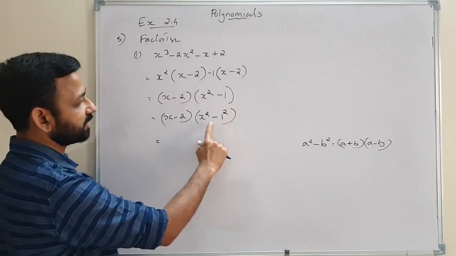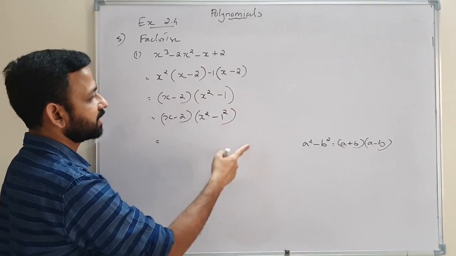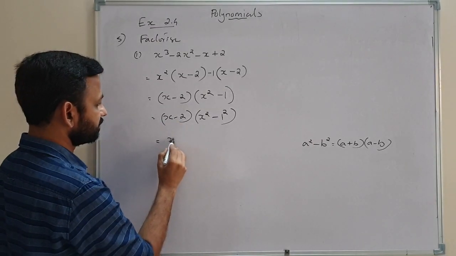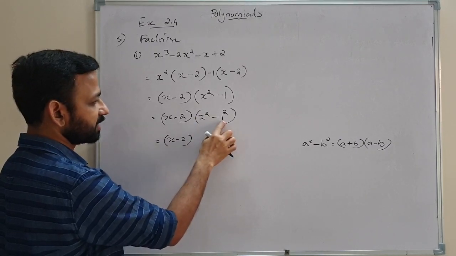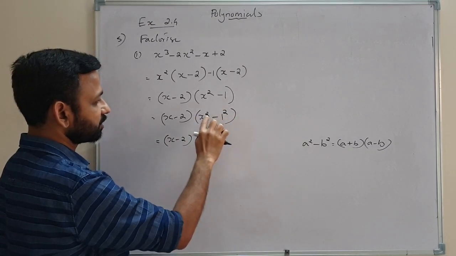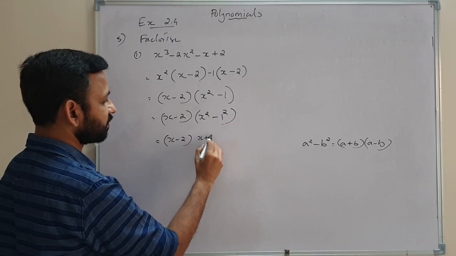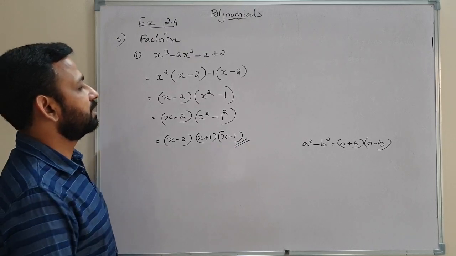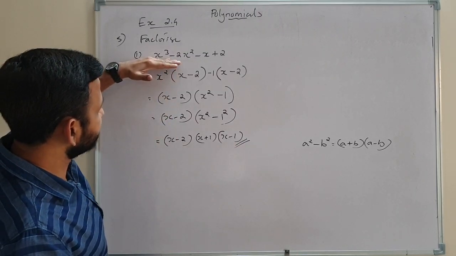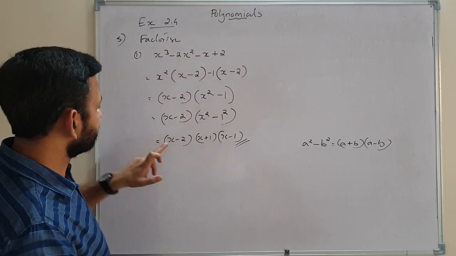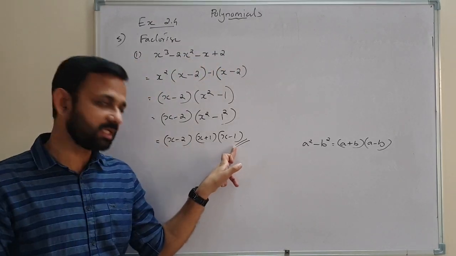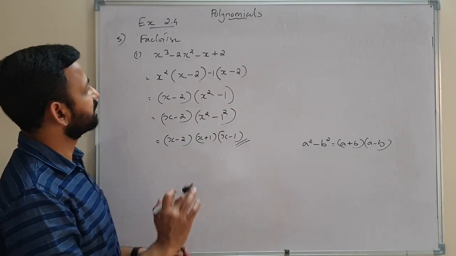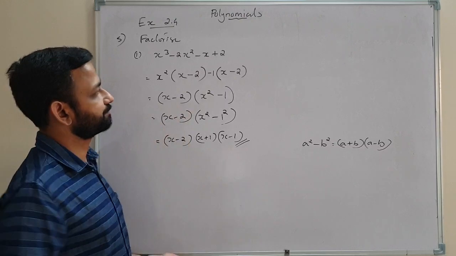So we can use that identity. x minus 2 into, x square minus 1 square is x plus 1 into x minus 1. So now we converted the given expression into the product of its factors. We have 3 factors here. So this is factorization. Question number 1 we have done by this method.